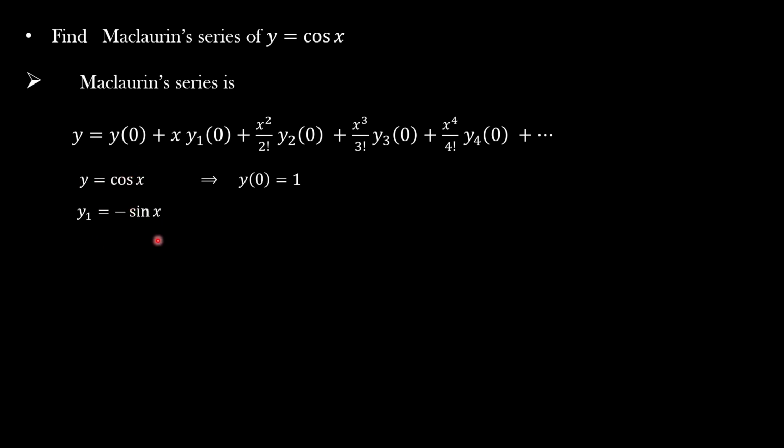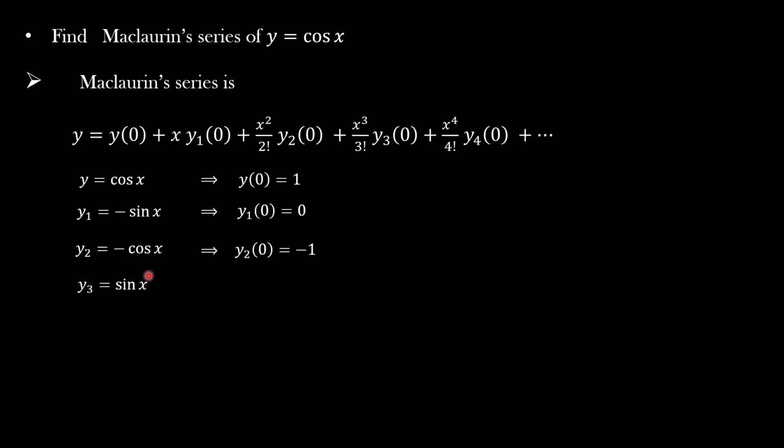Therefore, y1 is equal to minus sin x, which implies y1 of 0 is 0. y2 is minus into derivative of sin x is cos x. Therefore, y2 is minus cos x, which implies y2 of 0 is minus 1.